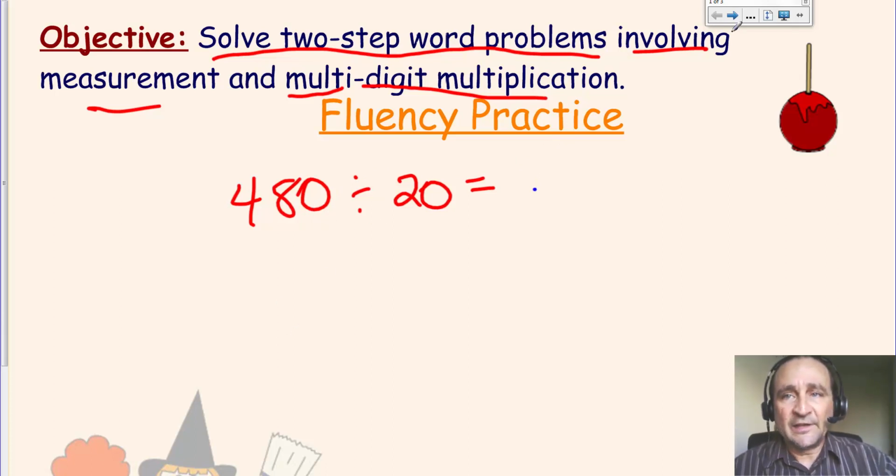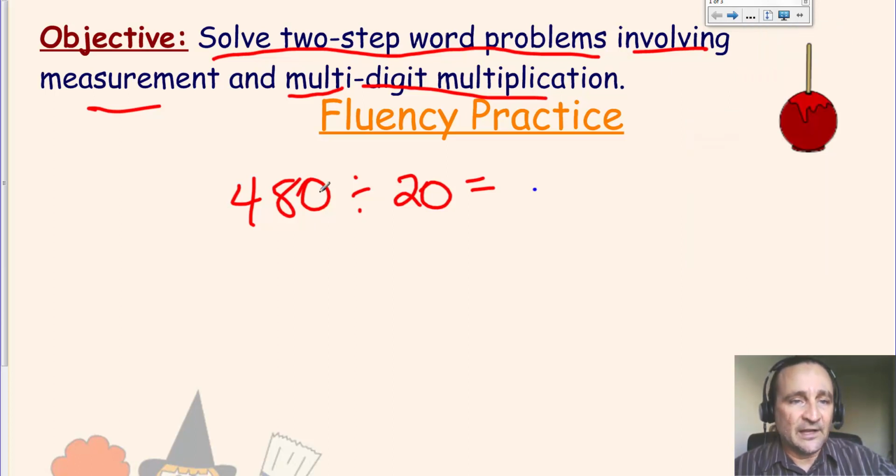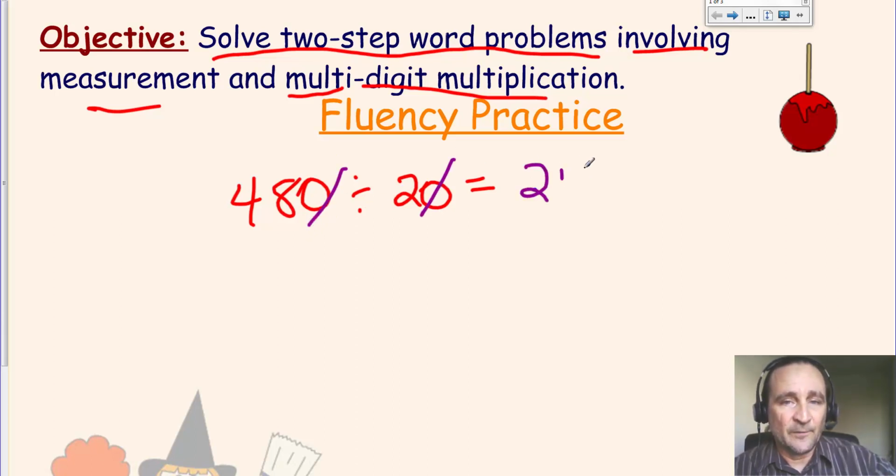And one of the things that we looked at is we can look at the number and see that both are divisible by a power of 10 that you can completely divide out, giving us 24, making this very easy to solve. 480 divided by 20 seems difficult, but when we divide that power of 10 out.